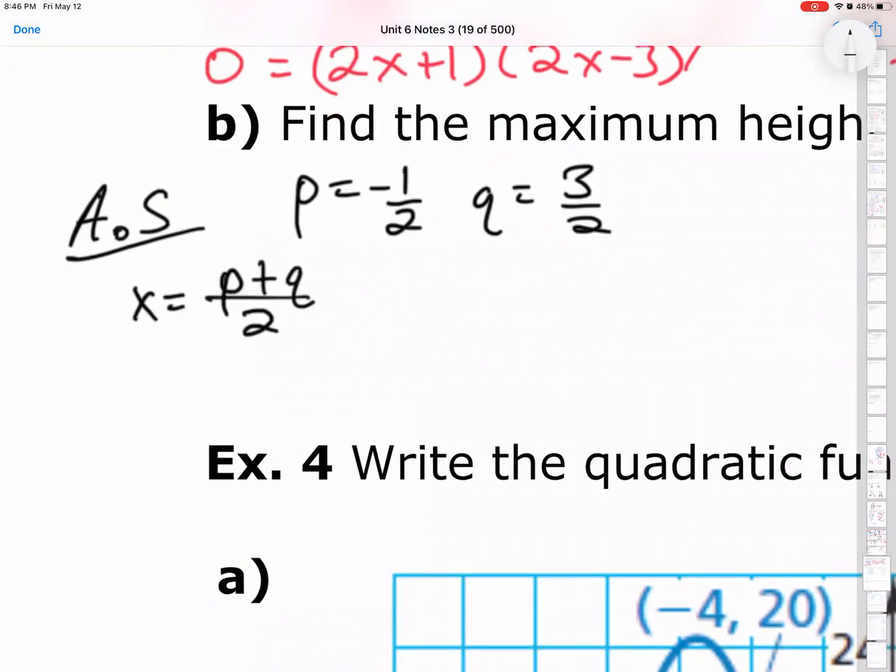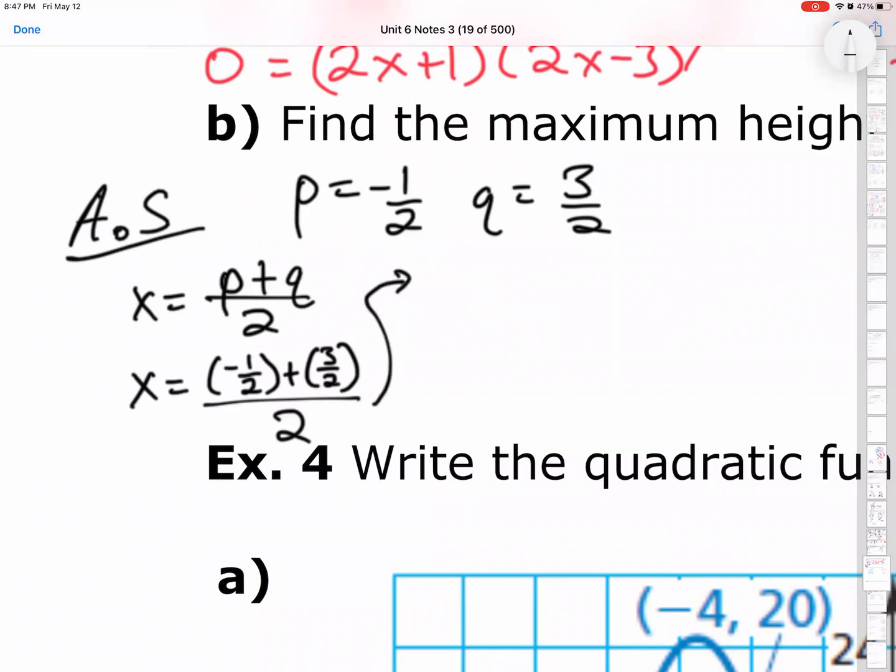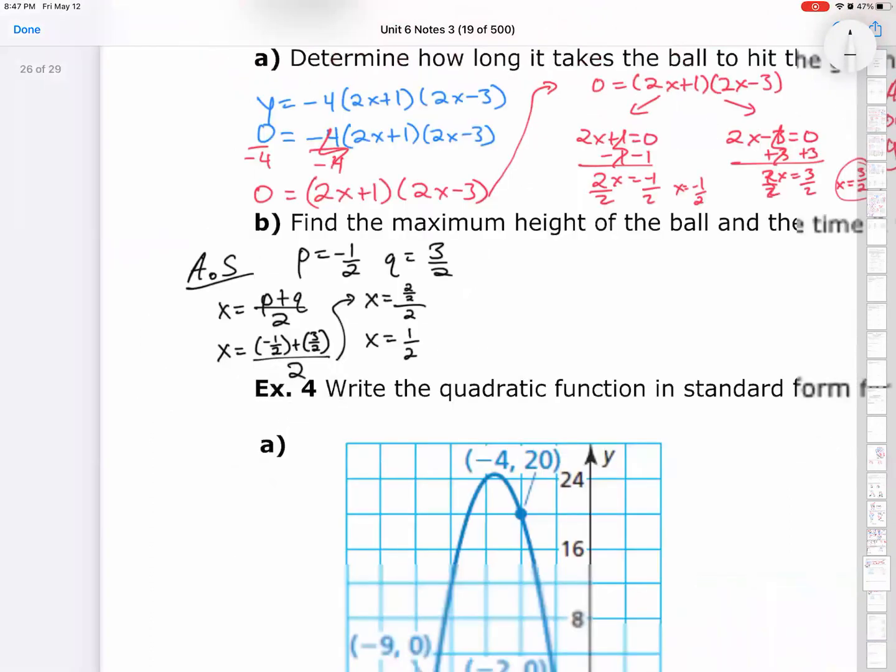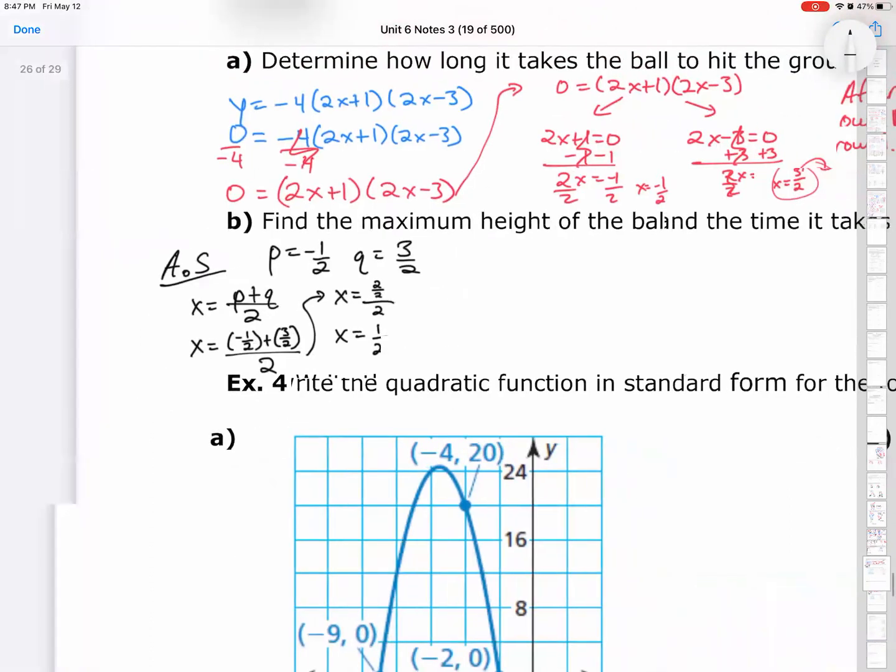Always P plus Q divided by 2. We dump them in, we end up with -1/2 plus 3/2 all over 2. So we end up with x equals, looks like 2/2 over 2. So 1 over 2 in the end. So 1/2 seconds is when it's going to reach that axis of symmetry.